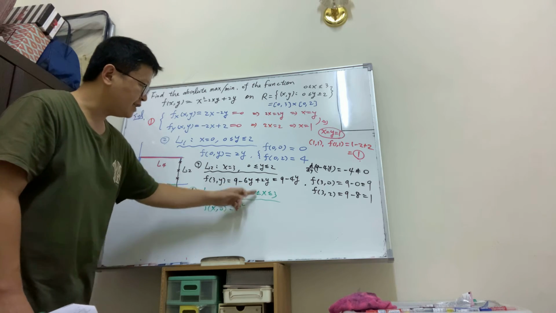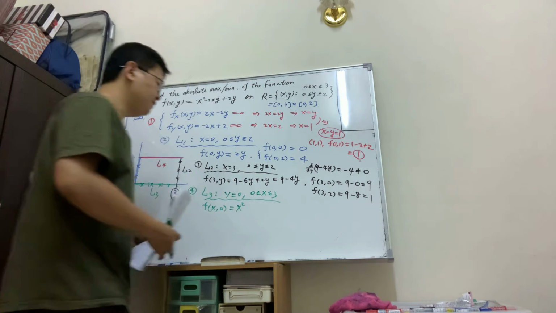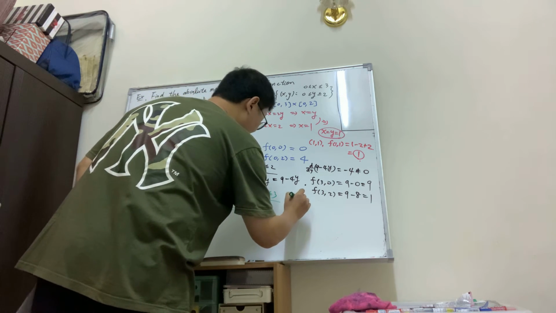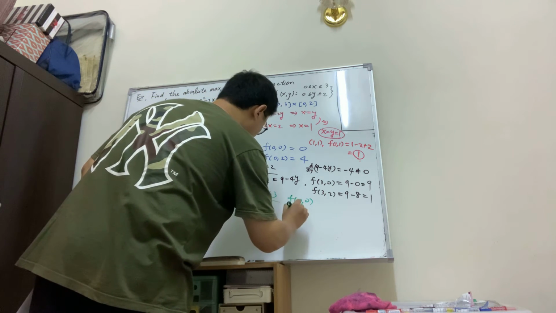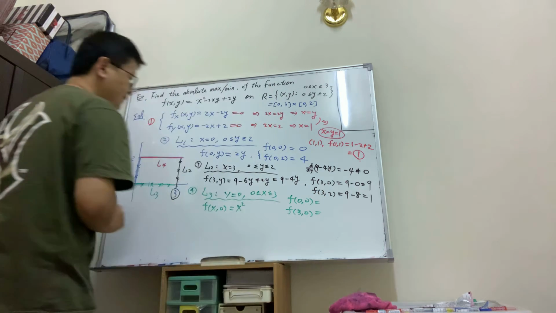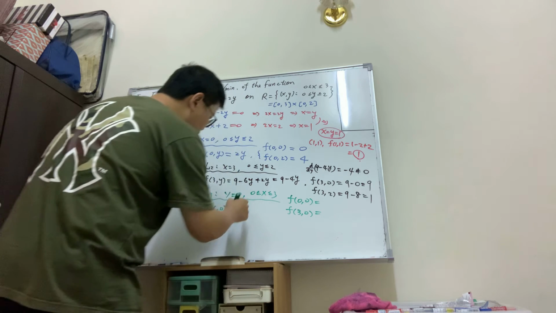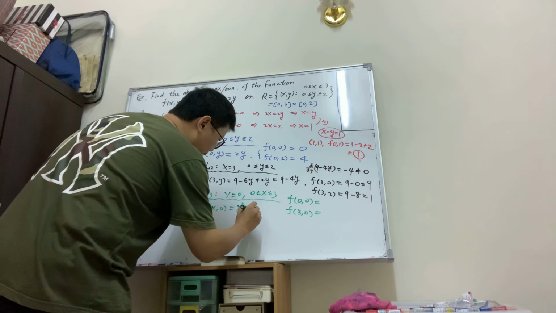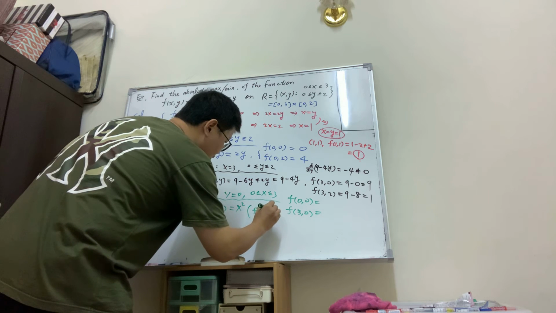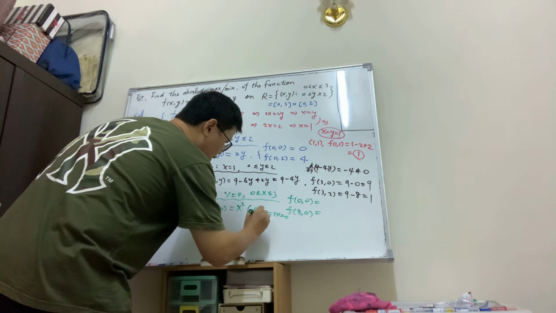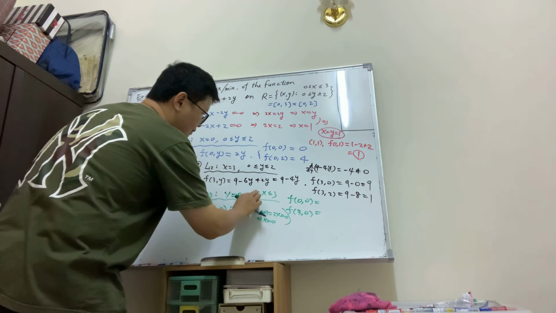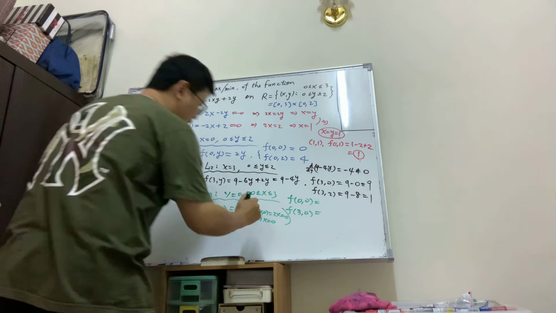But it's exactly in the boundary case. So you just need to consider the boundary cases, f of 0, 0 and f of 3, 0. Originally you should consider f prime equal to 2x and let it be 0, then you get x equals 0, but x equals 0 is just the boundary case.